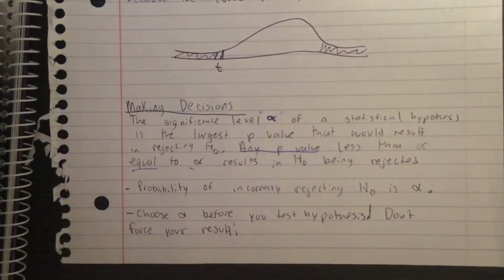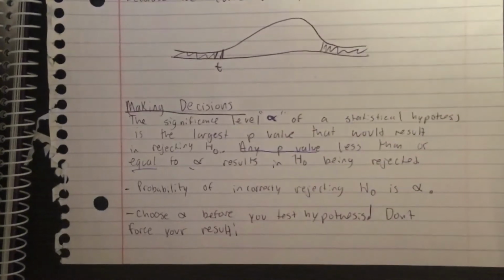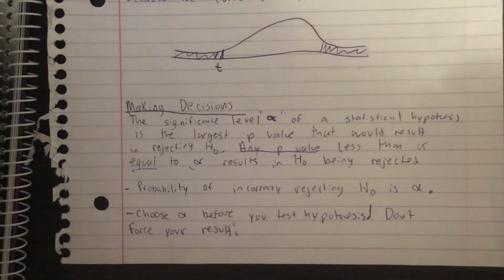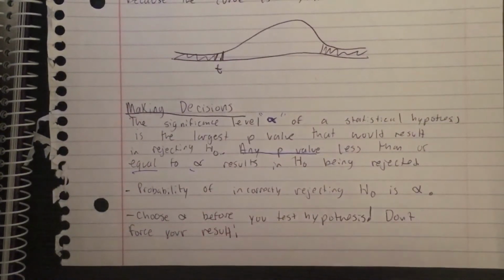So like 1%, 2%, 3%, 4%, where the probability of incorrectly rejecting is very, very low. And the important thing is that whenever we're doing hypothesis testing, you need to choose alpha before you test your hypothesis.